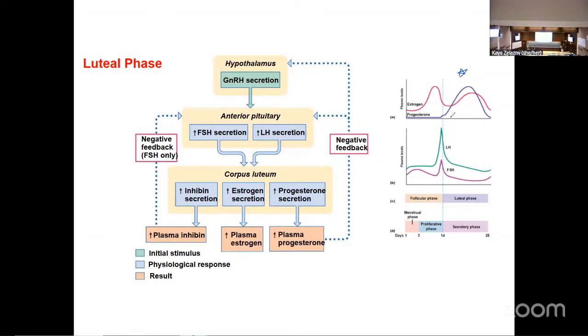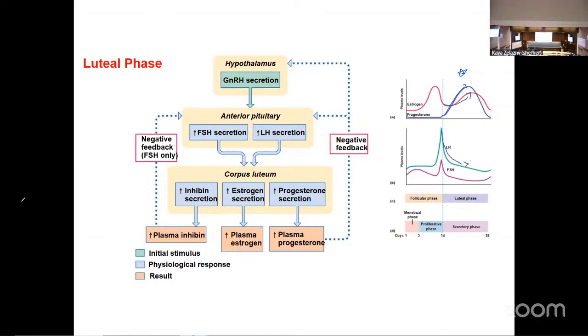All right, so we know that we see estrogen picking up, being produced by the corpus luteum. We see progesterone picking up, really coming into existence because the corpus luteum produces it. And we can see that when we look at what's happening with LH and FSH, they spiked right before ovulation, but they're rapidly coming down here during the luteal phase.